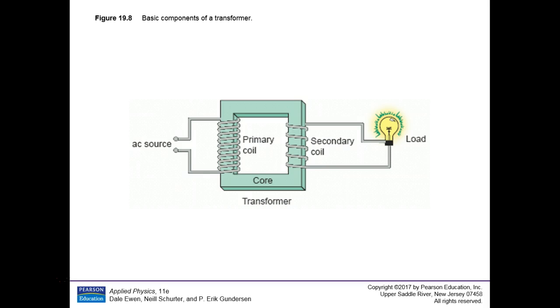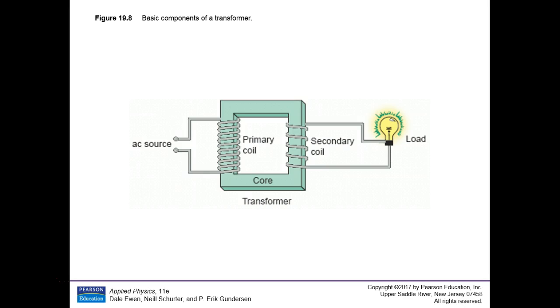Now, some people call this a transformer too, and it is. But this is a different kind of transformer. This transforms alternating current to direct current. Any computer, cell phone, your cell phone chargers, you'll see a little white box there. That's a transformer. That's a different kind from this because that's changing from AC to DC.